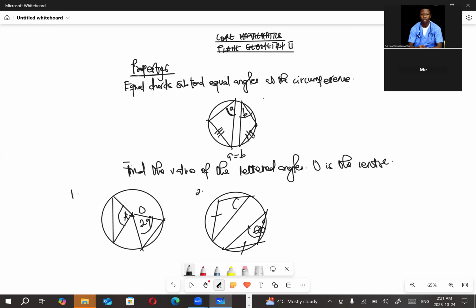The letter here is A, so for the other one, in case you can't see.